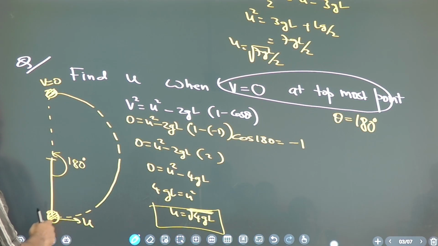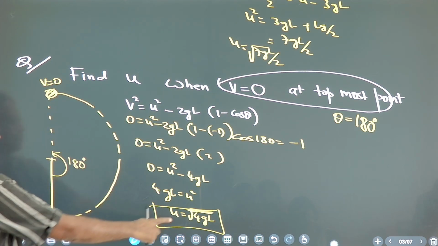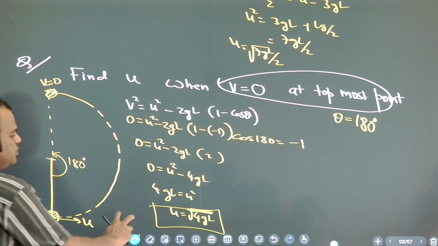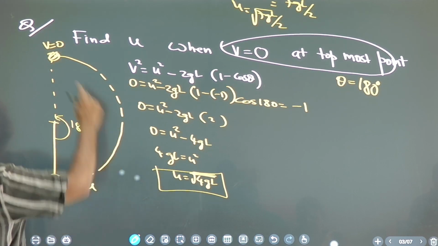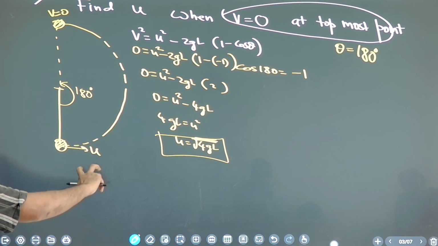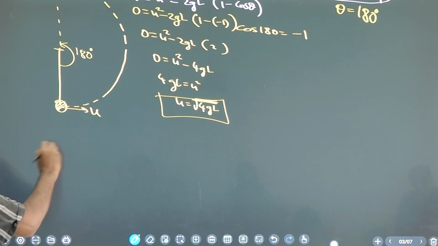So what is the u so that it will reach topmost point? Square root of 4gl. Now tension 0 at topmost point. Solve next question. Put tension 0 at topmost point. Next question.